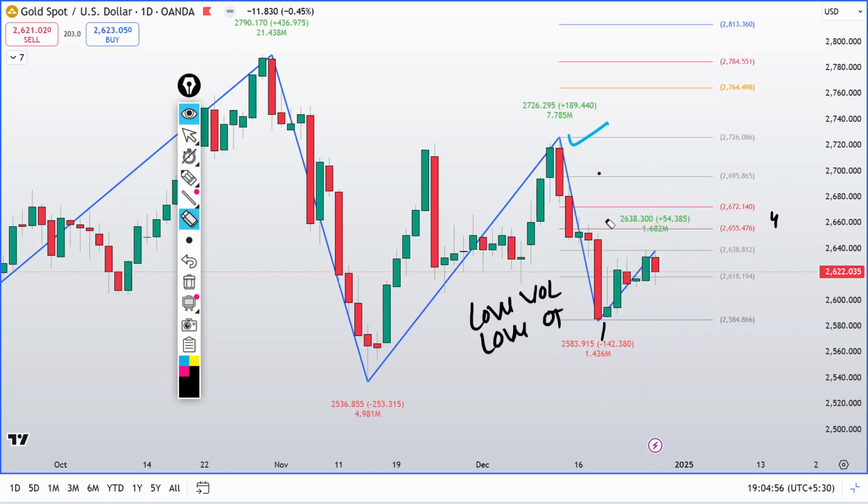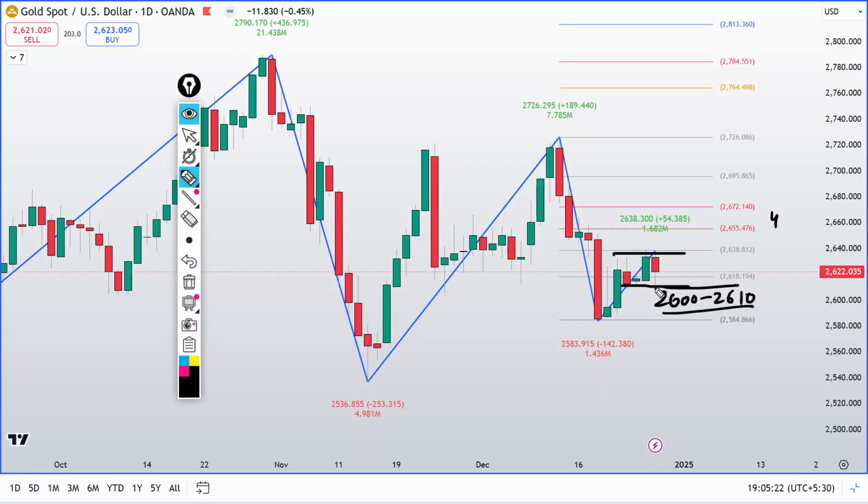And what are the levels that we have to watch for intraday? Let's discuss those. As per the price action, the lower level is this area, and this area on the higher side. On the lower side, the zone around 2600 to 2610 is what we have to watch on the daily close.